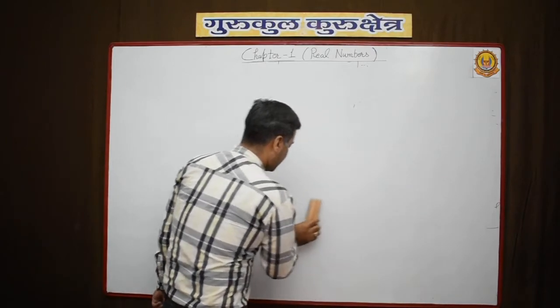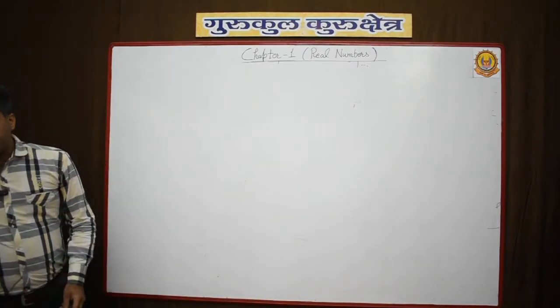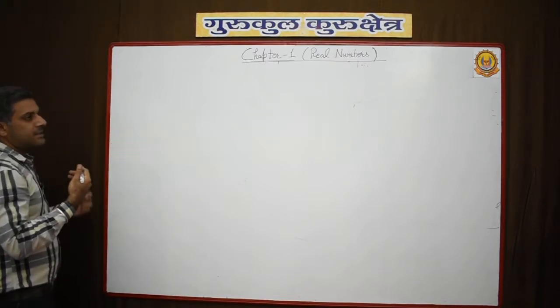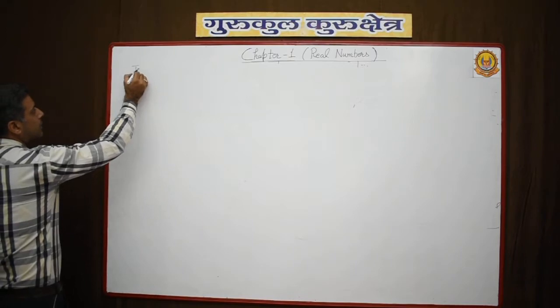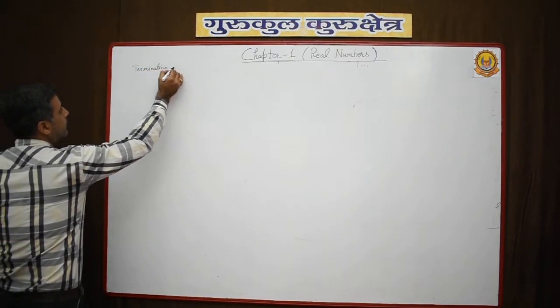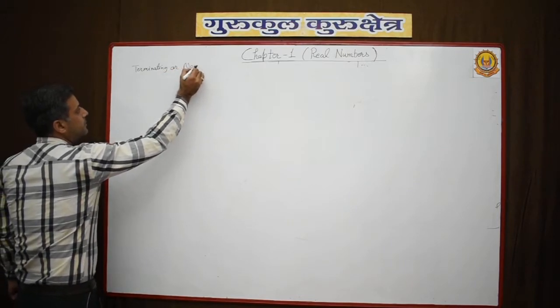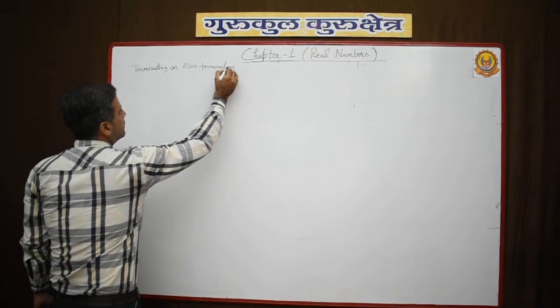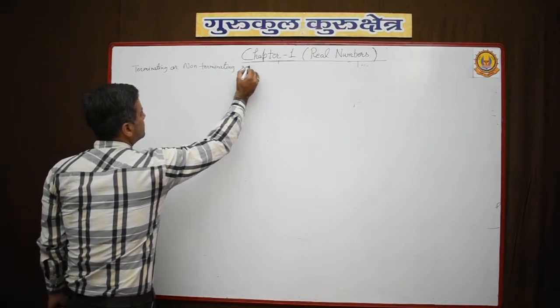to check whether a rational number in the form of p by q is terminating or non-terminating repeating.